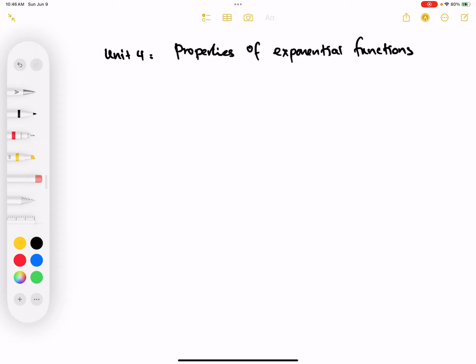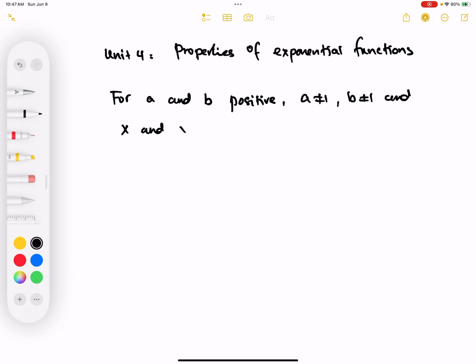I'll say here, for a and b positive, that is a different from 1, b different from 1, and x and y real numbers, we have the following laws of exponent.